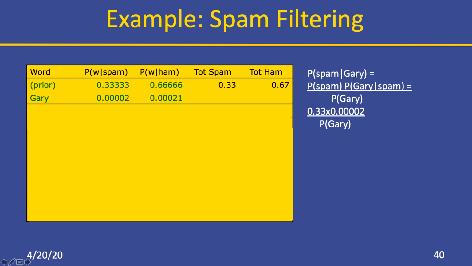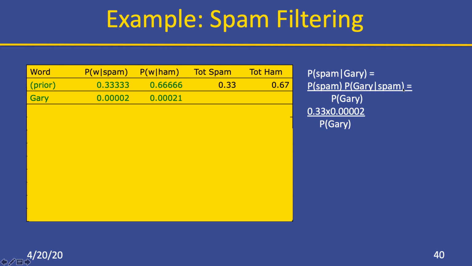The word Gary is our evidence. It's also a feature, right? So we want to calculate P of spam given Gary. So this is equal to the joint probability of spam and Gary divided by probability of Gary.